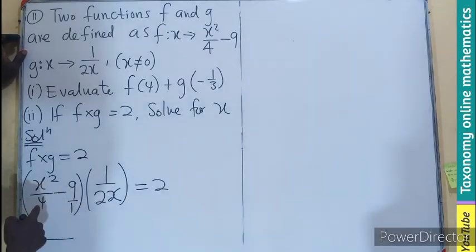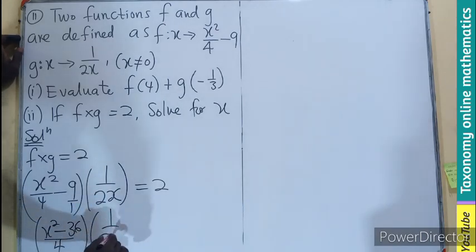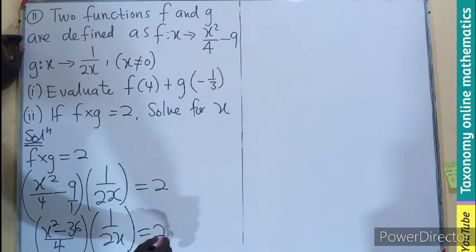Therefore, the LCM for 4 and 1 will be 4. Then 4 goes into itself 1 times the x squared. I'll have x squared minus 1 goes here, that will give us 4 times 9, 36. So this is multiplying 1 on 2x equals 2.